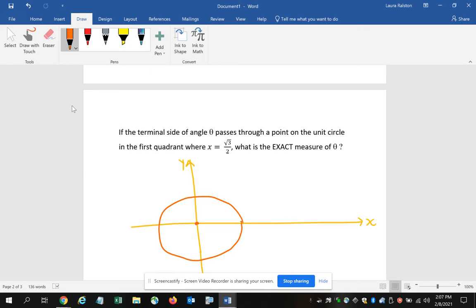And in this case, my terminal side passes through a point where the x value is square root of 3 over 2. Okay, so here's angle theta, and in this ordered pair the x value is square root 3 over 2. I don't know what the y value is, but I don't need to know that.